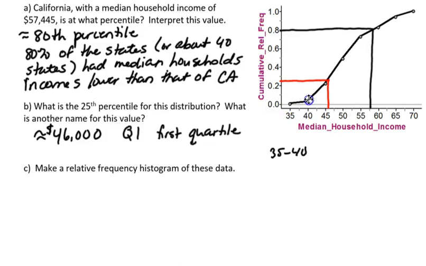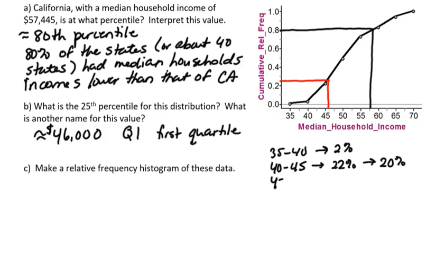This is 10% here, so maybe 2% of the data falls in that category. When we go from 40 to 45, we see a change from about 2% to maybe about 22%. So the cumulative is 22% at 45, but that's a growth of 20%.